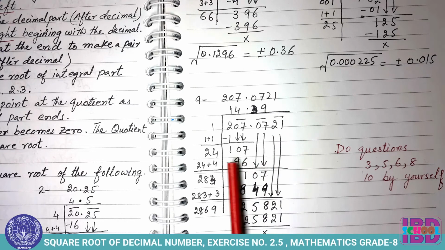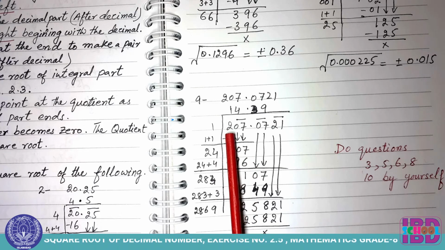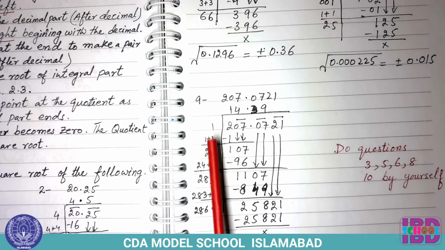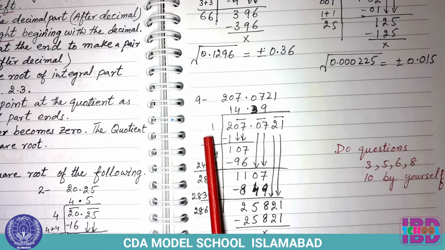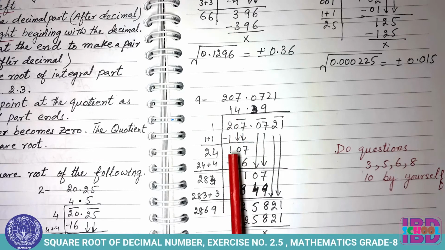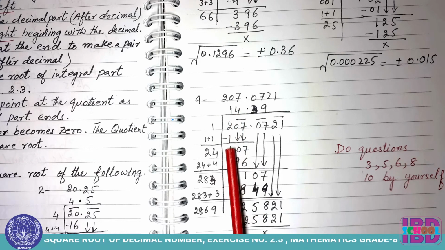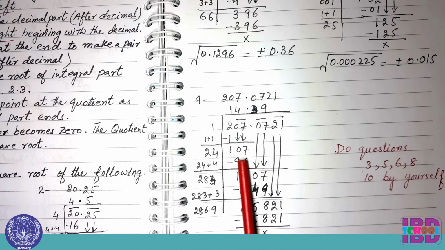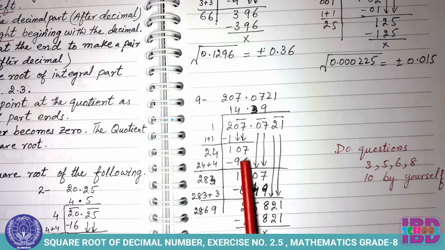Now we have to find a number whose square is equal to or lower than 2. So 1 is the number whose square is less than 2. We write it as a divisor and in the quotient here. 1 into 1 is equal to 1. When we subtract, we find 1 as remainder, and then we note down 0, 7.